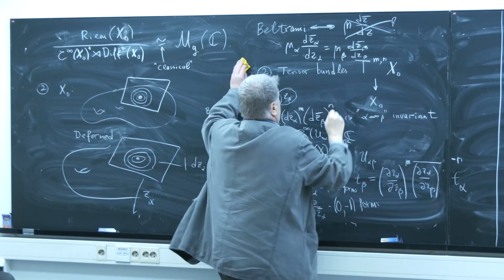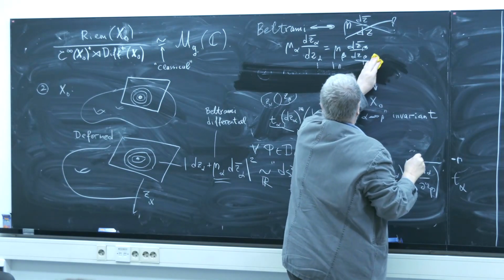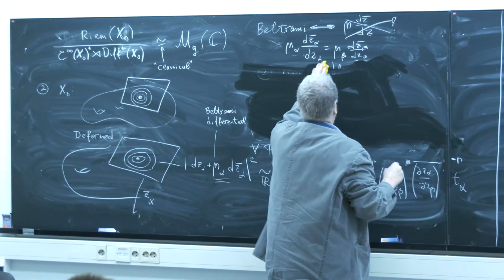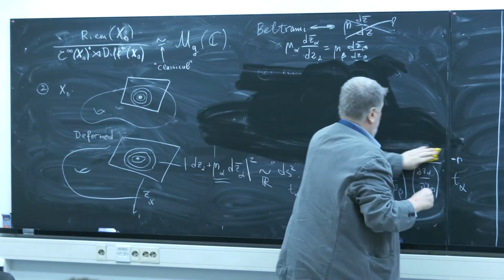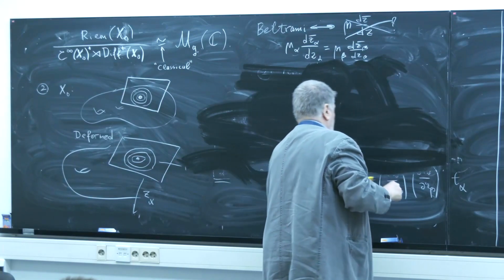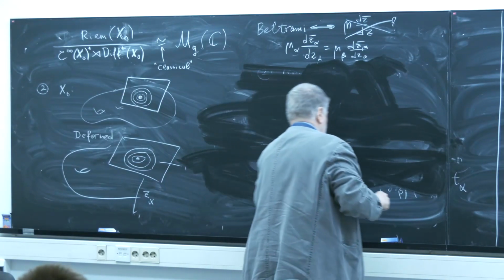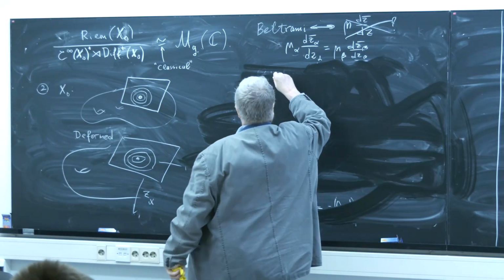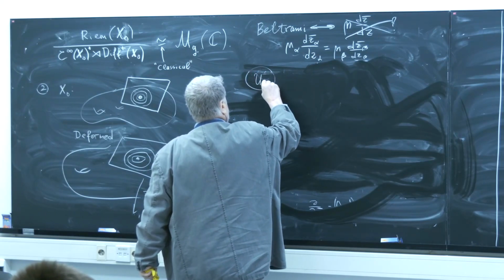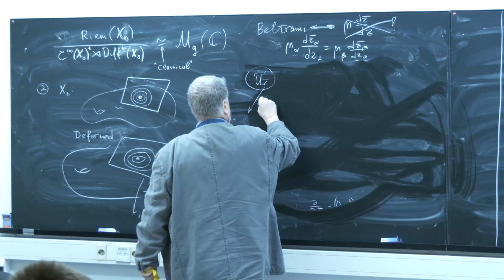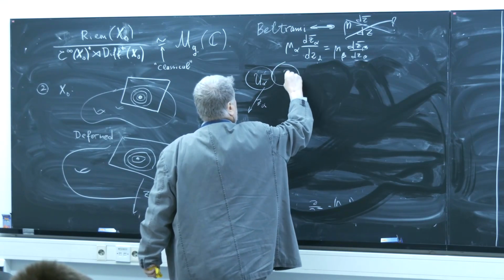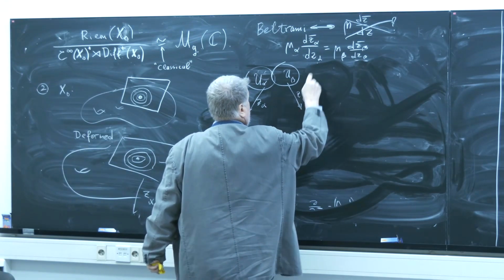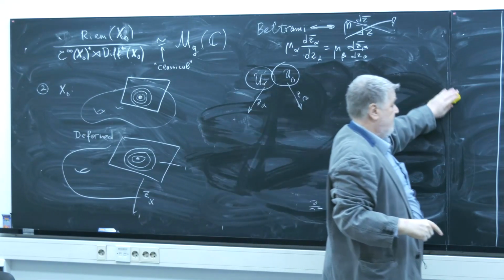So these are quantities related to the conformal class of metrics. Maybe I rewrite it in other words. Of course, here I mean u sub alpha, and here I mean u sub beta. And here is how they behave on the intersection.